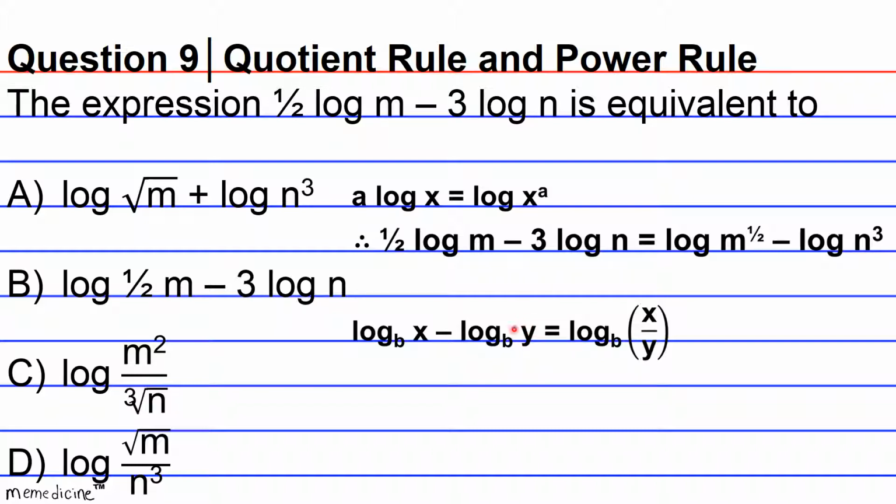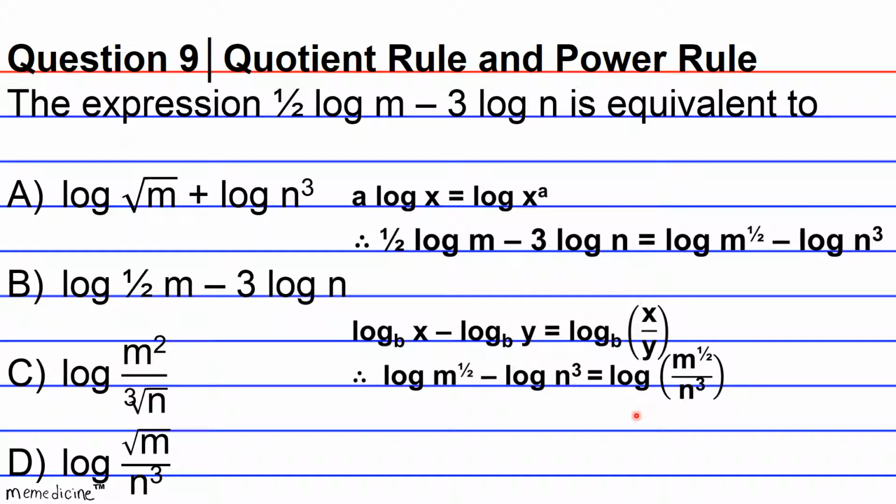Remember, the result of an exponential equation is also called the power. Power is often a misnomer used to describe the exponent. That's actually wrong. Therefore, the log of m to the 1/2 minus the log of n to the third equals the log of m to the 1/2 divided by n to the third. So here goes the power rule in effect and the quotient rule.